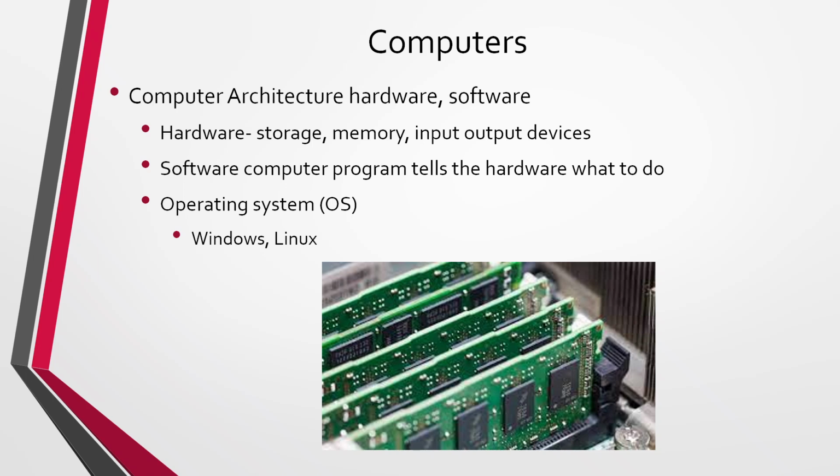All right. So software is a computer program that tells the hardware what to do. And that's all that software is. It's just a computer program that is telling the hardware of the computer what to do. There's the operating system, which handles all the tasks of the software with the hardware.